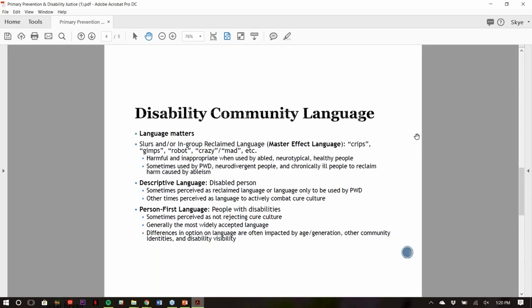So even in disability communities, there's a lot of disagreement about what language should be used and what shouldn't be. And so I would just generally say that the most widely accepted language is person-first language, people with disabilities. But this varies a lot based on your age and generation, other community identities, and even how visible the person's disabilities are. There's a lot of history with both of these.